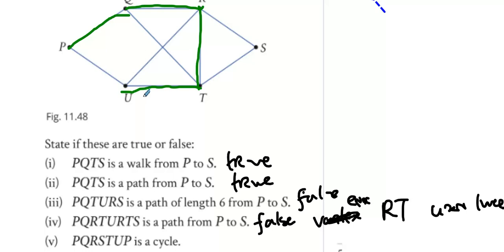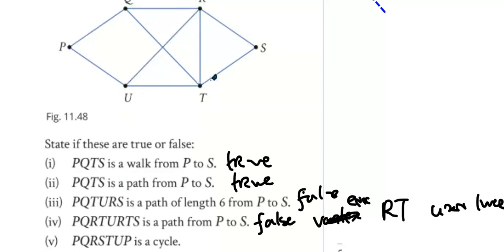R to T, sorry, T to U. No, T U. T U R. Yep. R to T. T to U. Oh, sorry, I'm looking at the wrong one.